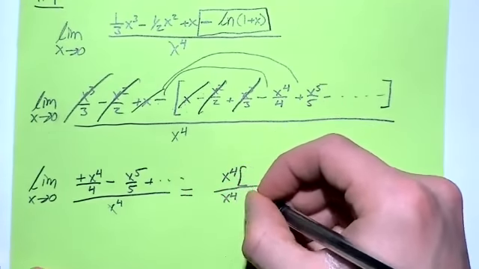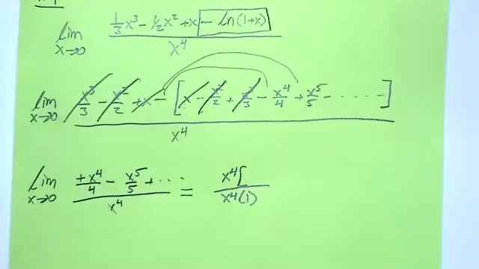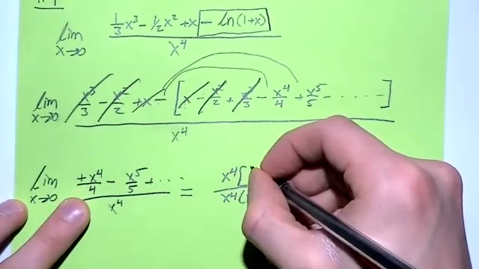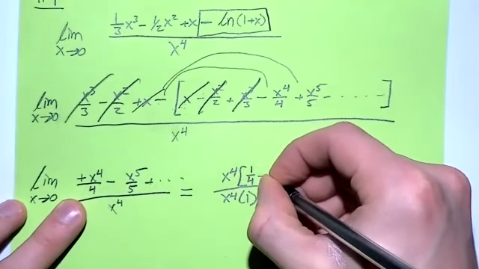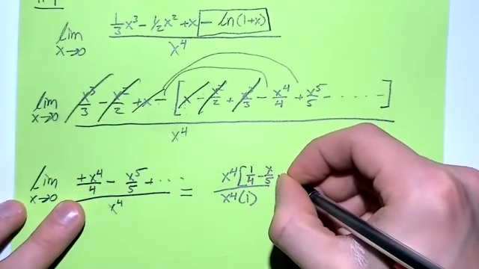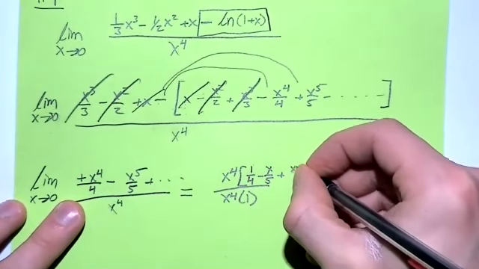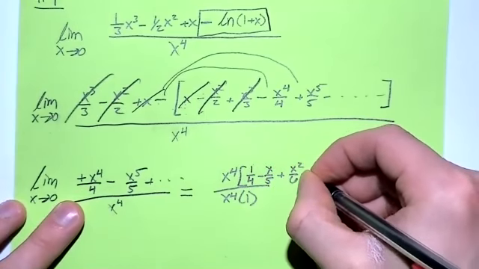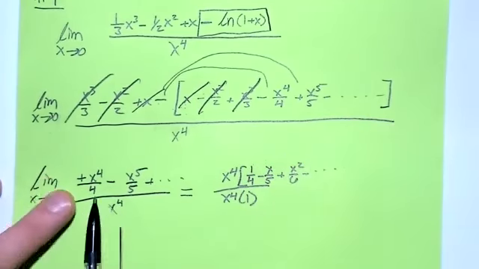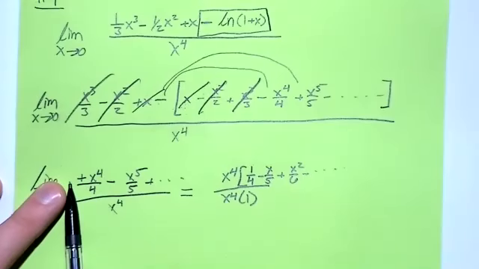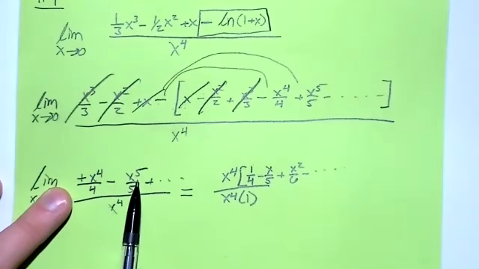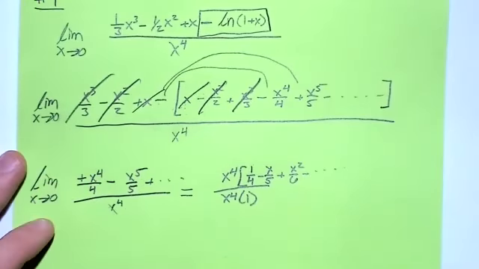If we pull out an x to the 4th from the bottom, we just have a 1. And if we pull out an x to the 4th from the top, we have 1/4 minus x over 5. I'll do one more term, plus x squared over 6 minus, and it would continue on. So factoring out the x to the 4th leaves us with 1/4, an x next, and so forth.